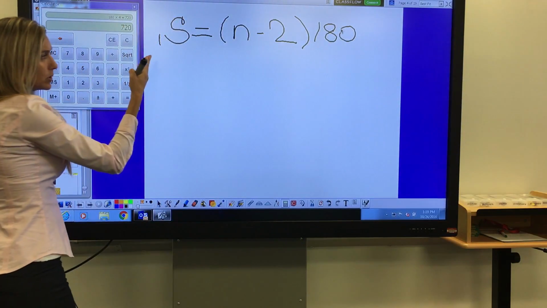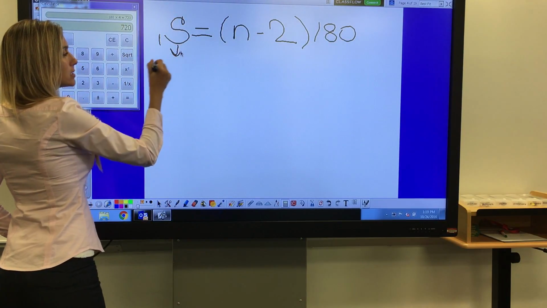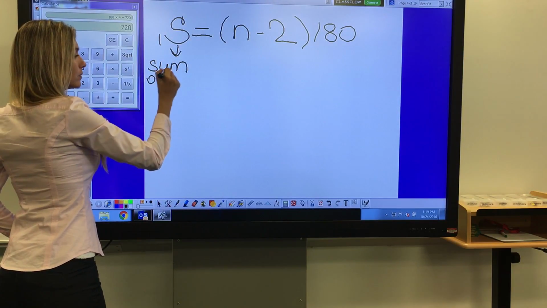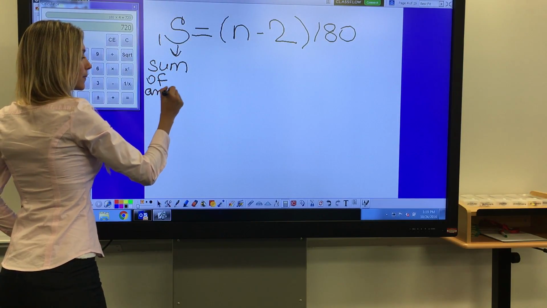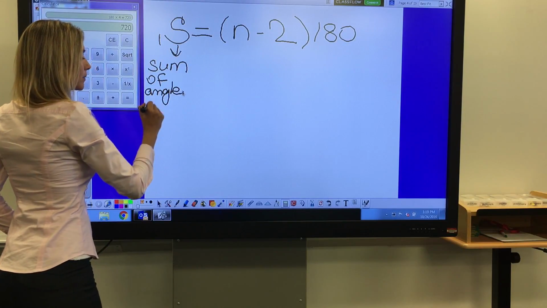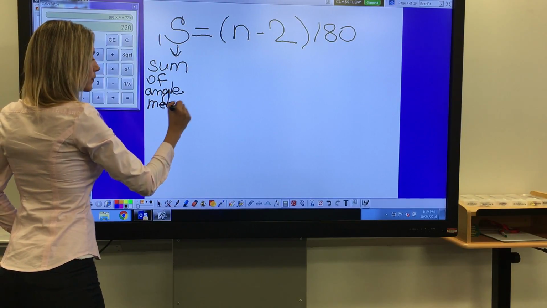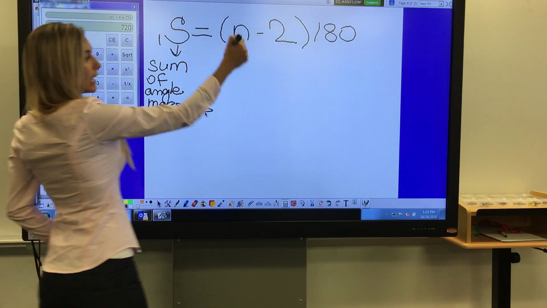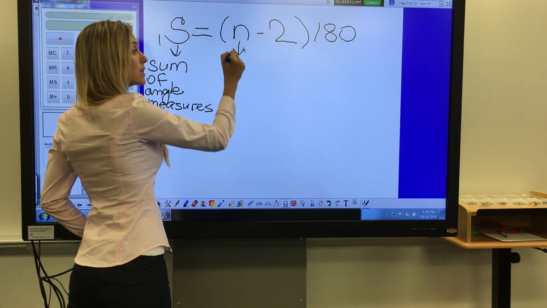So let's talk about what means what. S means sum of the angles, the sum of all the angle measures. N is number of sides.